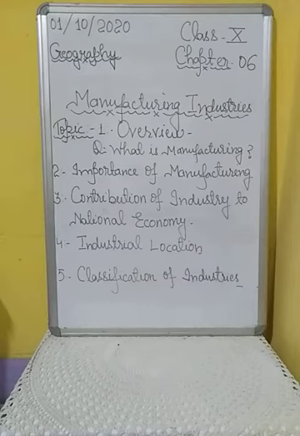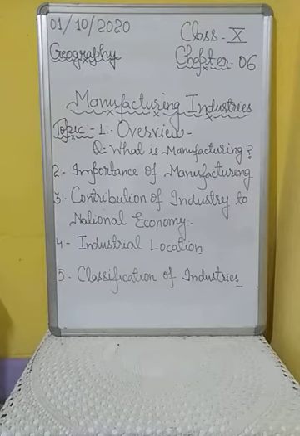All right. So students, one question will arise here: what is manufacturing? Production of goods in large quantities after processing from raw materials into more valuable and important products is called manufacturing.